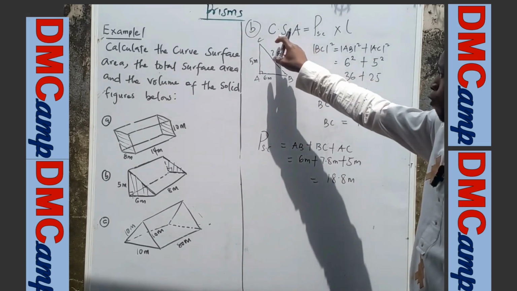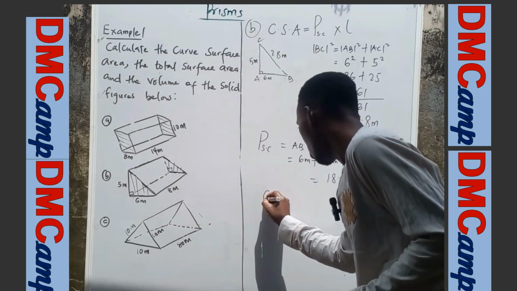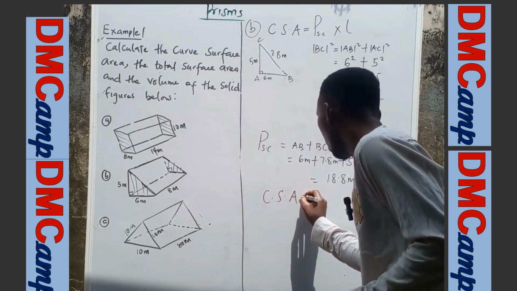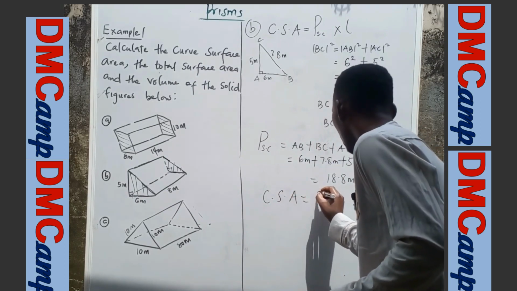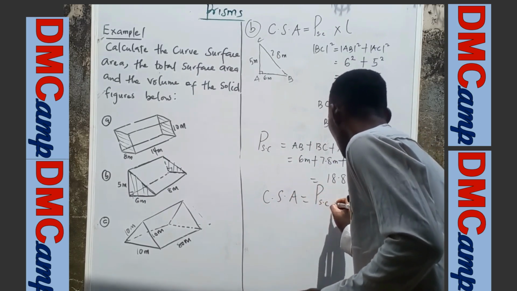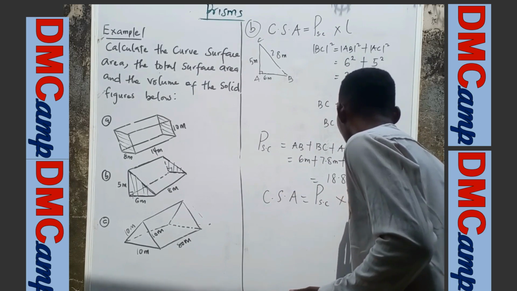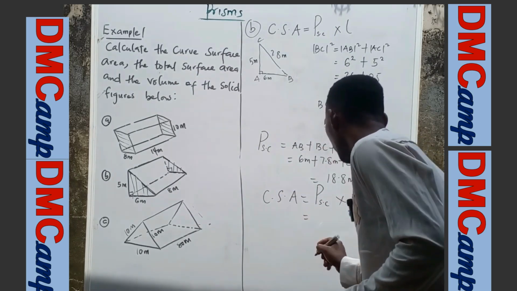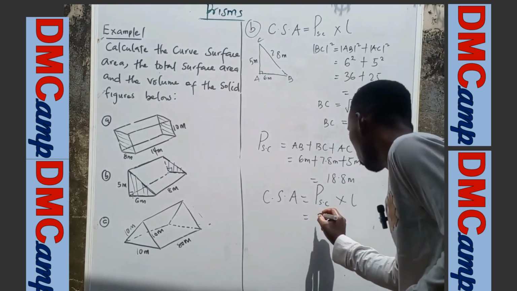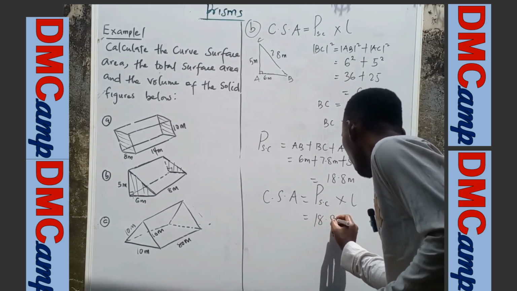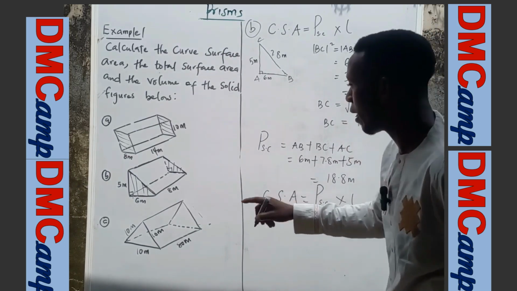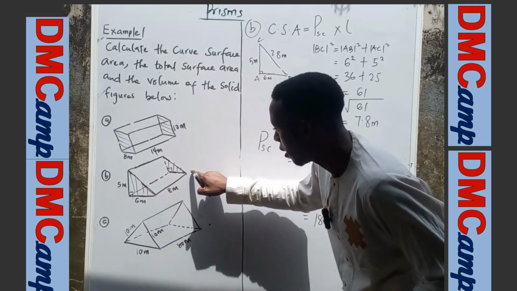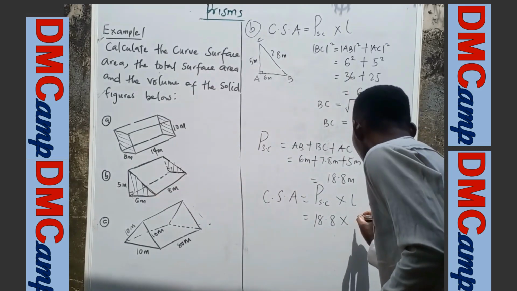Don't forget, the formula says the curved surface area is equal to the perimeter of the cross section multiplied by the length. So we've gotten the perimeter of the cross section to be 18.8, then multiplied by the length. You can see the length here. The length here is 8 meter.